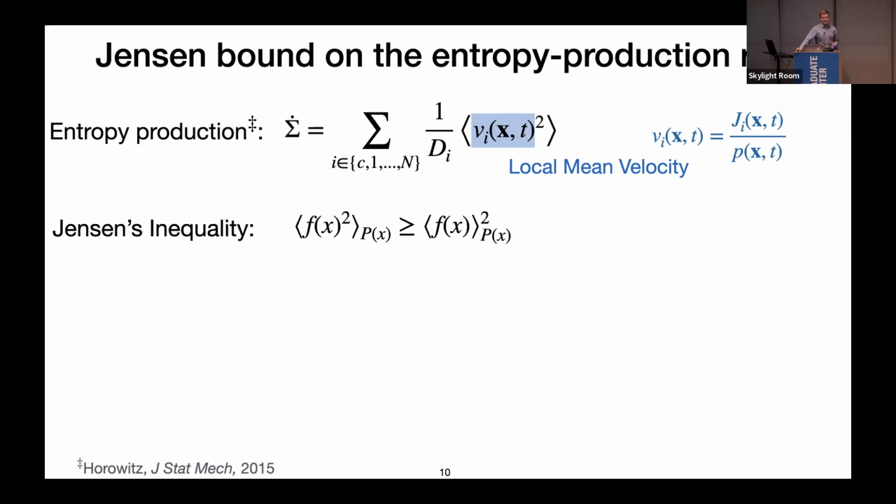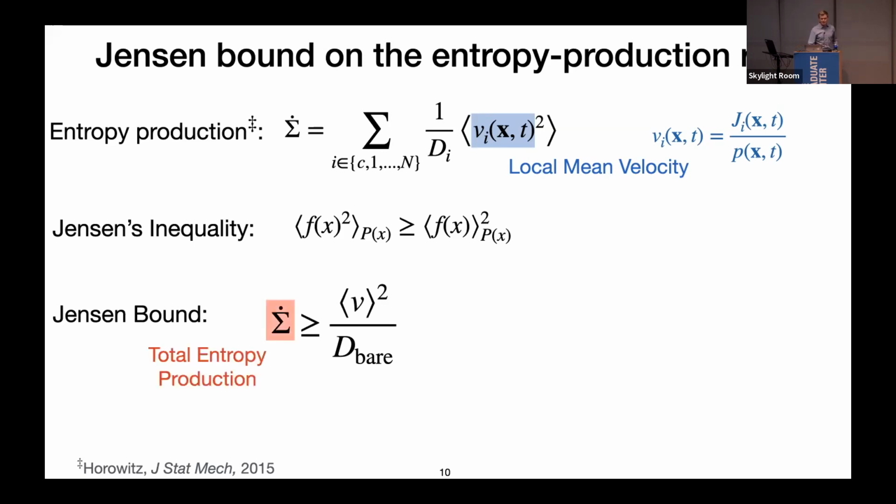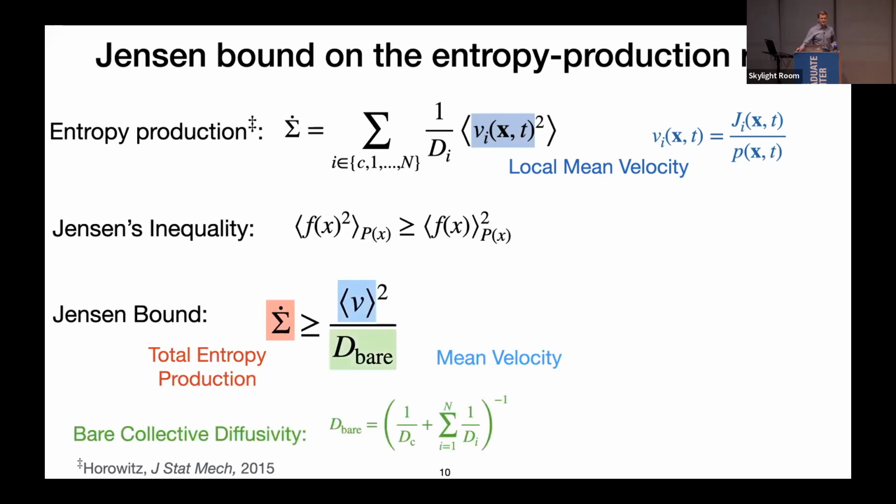So we took this expression for the entropy production and applied Jensen's inequality, which basically says that the average of the square of a function is larger than the square of the average of the function. Combining that with the observation that all the components in this system are moving at the same average velocity, we derive what we call the Jensen bound on the entropy production rate for these systems, where we have the total entropy production rate bounded by the square of the mean velocity divided by a quantity called the bare collective diffusivity.